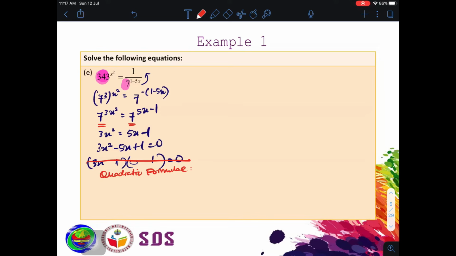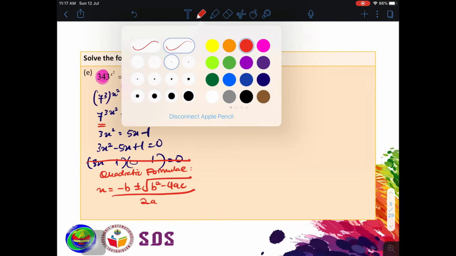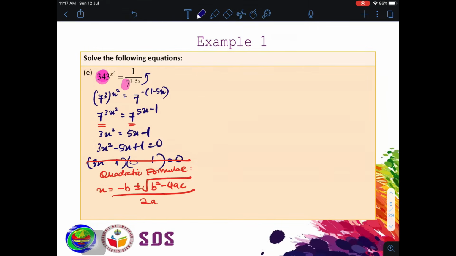Okay, recall that the quadratic formula is x equals negative b plus or minus the square root of b squared minus 4ac, over 2a. Alright, so now you want to use the quadratic formula. You substitute in the negative b, which is negative 5, plus or minus the square root of negative 5 squared minus 4 times a, which is 3, and c is 1.